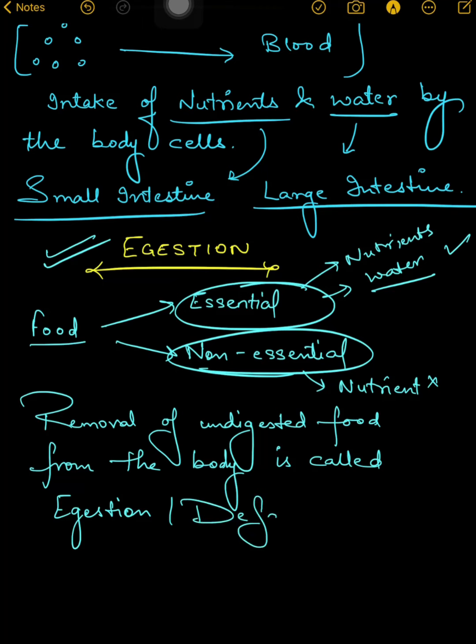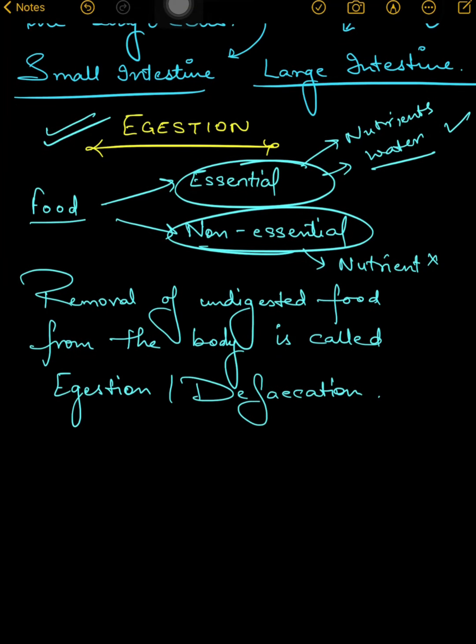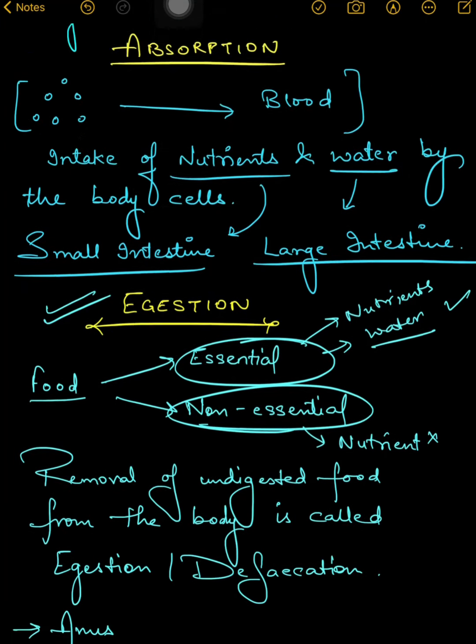Now this process is also called defecation, since removal of feces occurs. Now feces is the undigested part of the food. So anus is the organ which helps in the process of egestion.